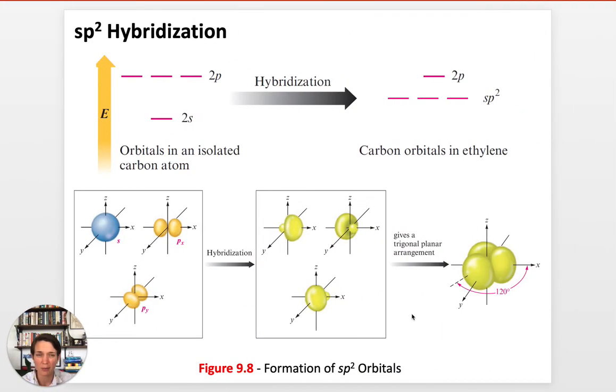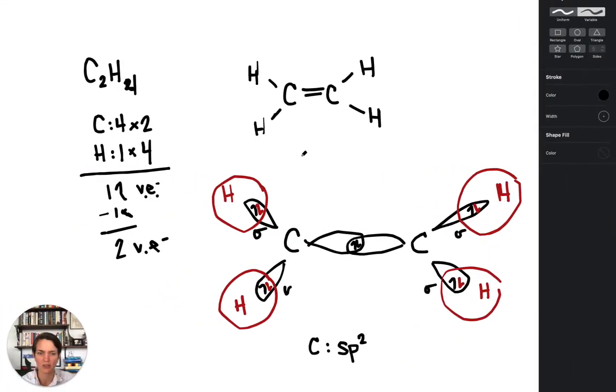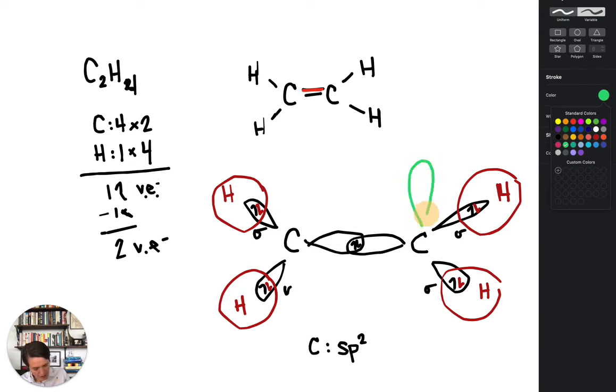But let's go back to our PowerPoint. We still have this 2p orbital. So what is it being used for? It's being used to create this double bond. So our double bond, let me get this color, you can think of this as being perpendicular to the rest of our molecule.